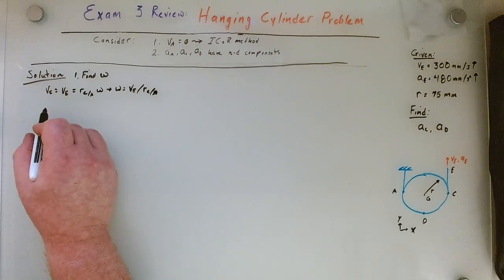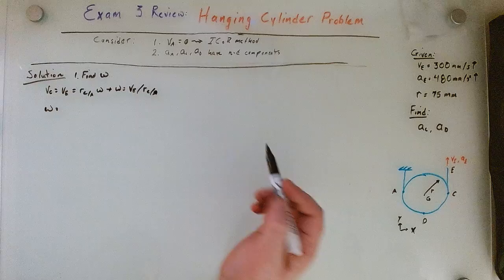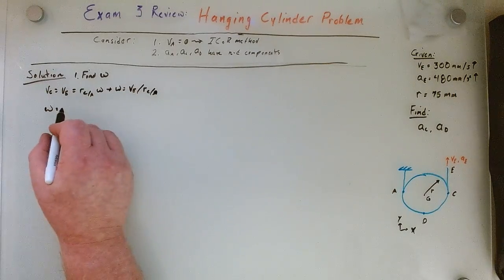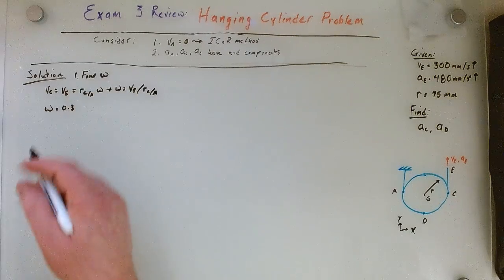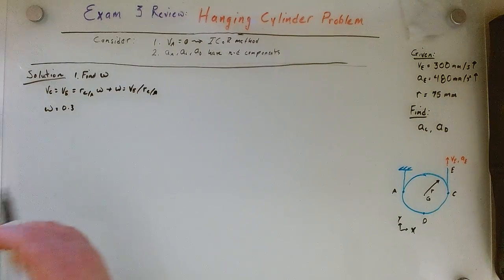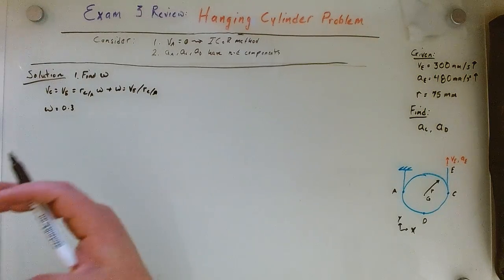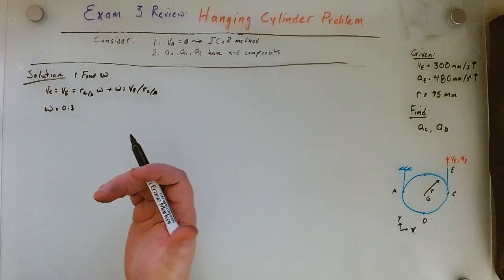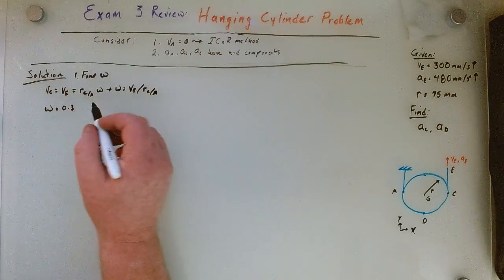Okay, well, let's see. v sub E is 0.3. I use meters because going to radians, you have to go from meters, not millimeters.